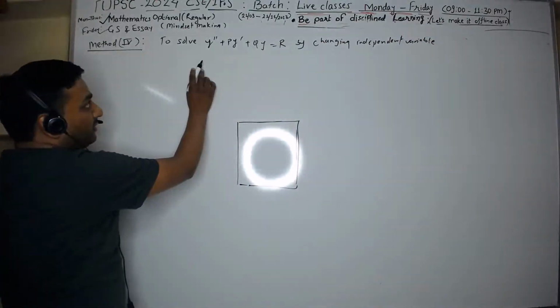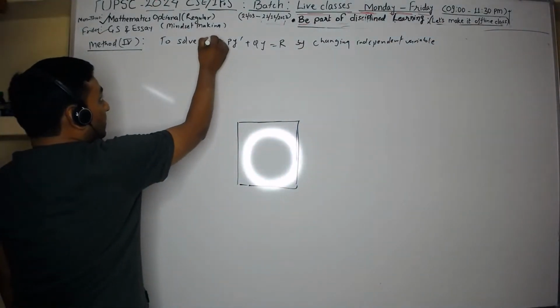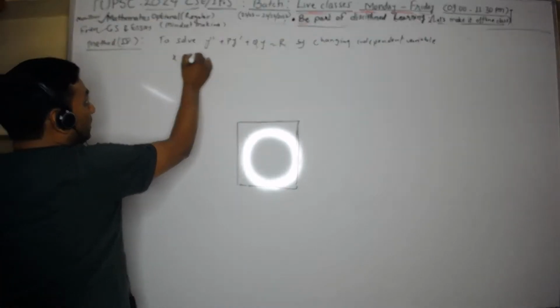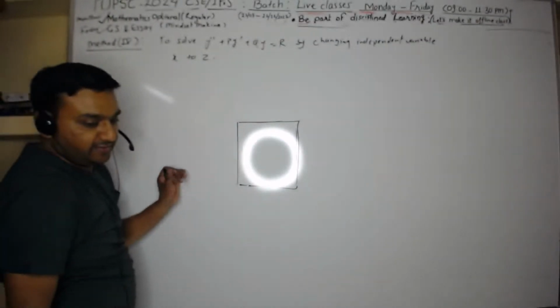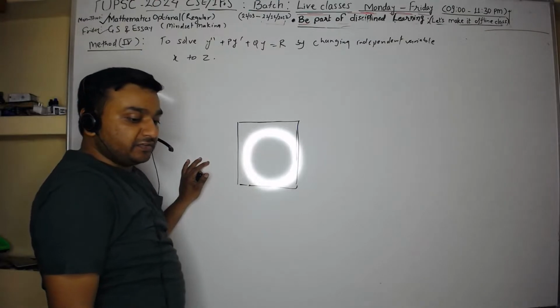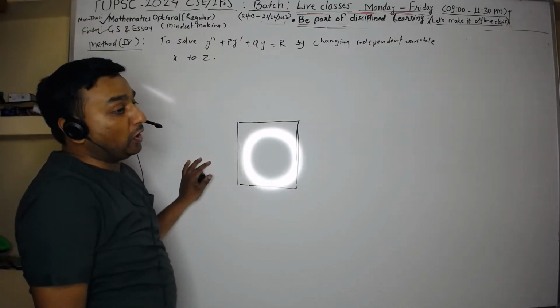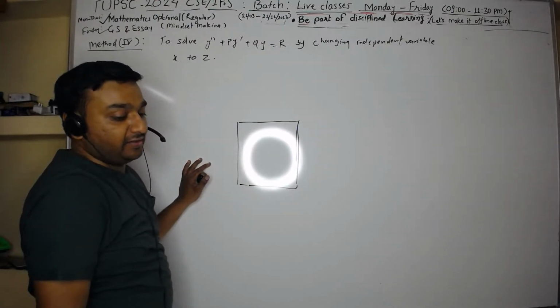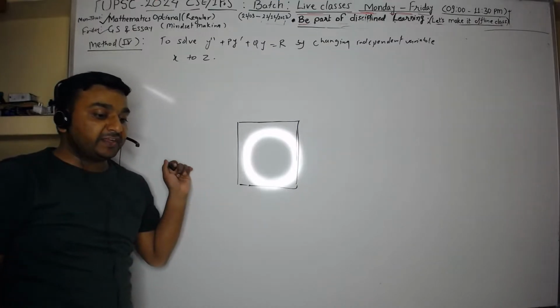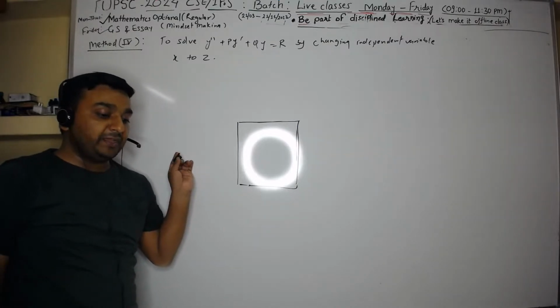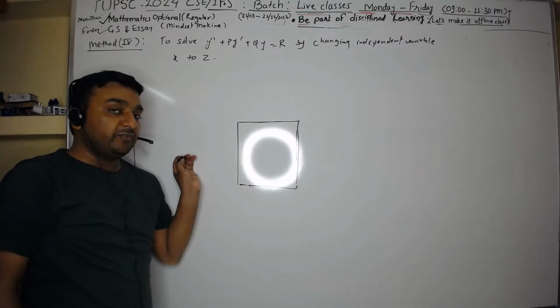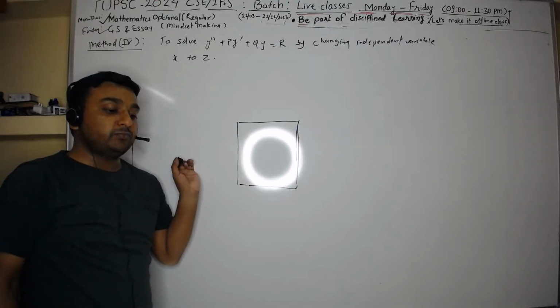What is independent variable? Let's say I change x to z. Fair. This is the job which we have already done, where we have changed the independent variable. Please do reply. Where we have changed, in what method?